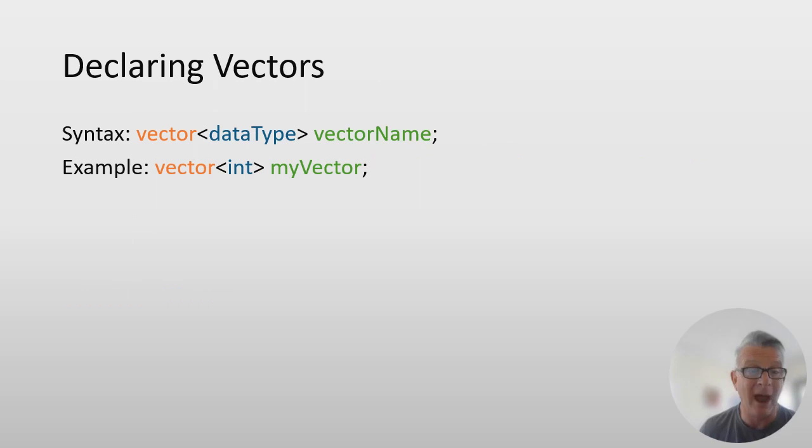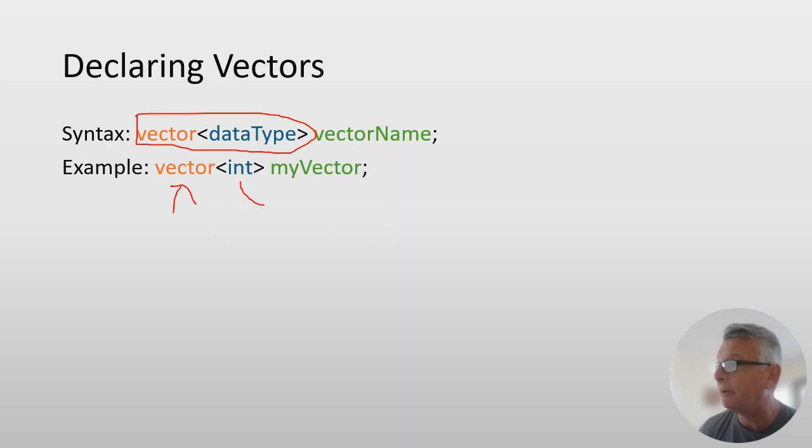Okay, so how do we declare a vector? Well, it's a little bit different, but a vector has a keyword vector, and then you're going to give it the data type. So this is just like declaring a variable. An array is just a variable that can hold multiple of the same data types. A vector is a variable that you can just hold, a data type that you can hold multiple of the same data type. So we have to use the keyword vector.